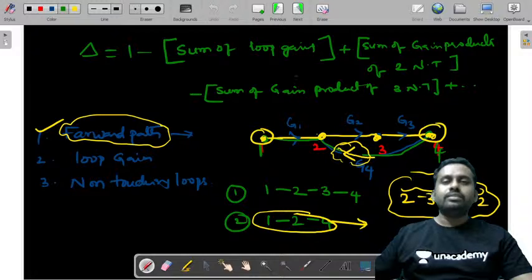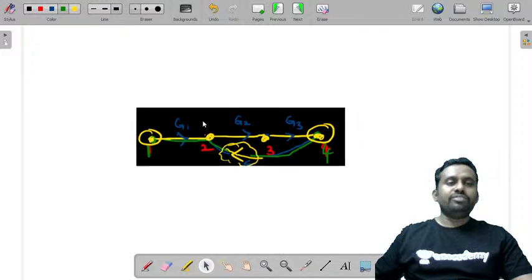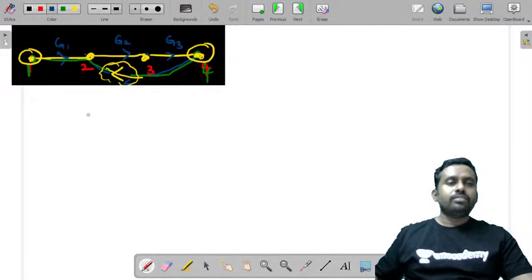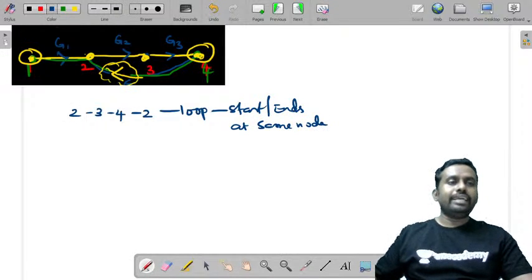Let me take this to the next slide. Now if you observe, 2, 3, 4 and 2 was a loop. What is a loop? A loop is a path which starts and ends at the same node. What is the node it is starting at? It is starting at this node 2 and it is ending at this node 2. You can observe these arrow marks.